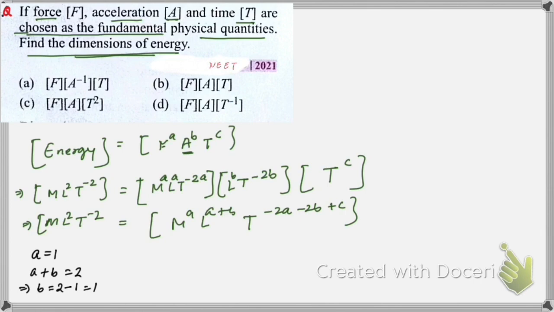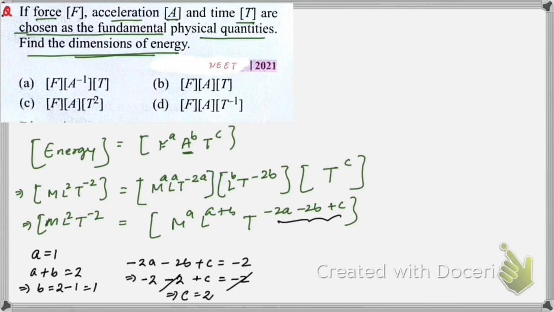Then how to find c? Here you see this is minus 2. Minus 2a minus 2b plus c is going to be minus 2. Let us put the value of a, which is 1, and b is also 1, so minus 2 into 1 minus 2 plus c is equal to minus 2. This minus 2 and this minus 2 cancel, so c is going to be equal to plus 2.